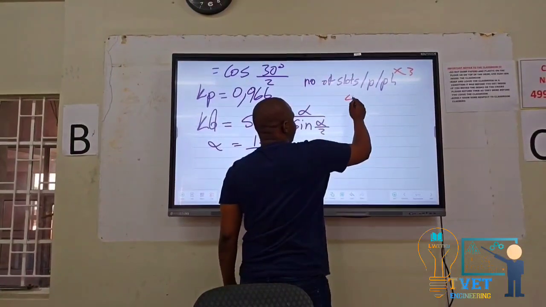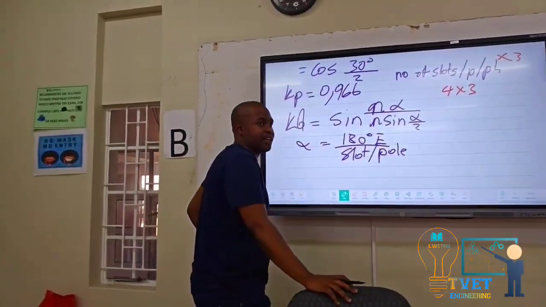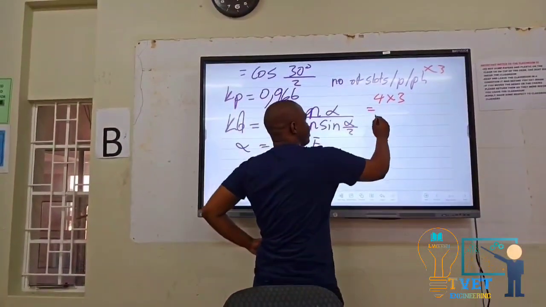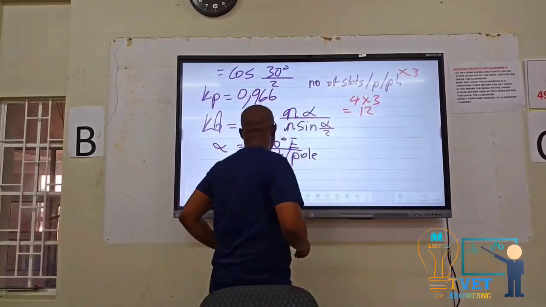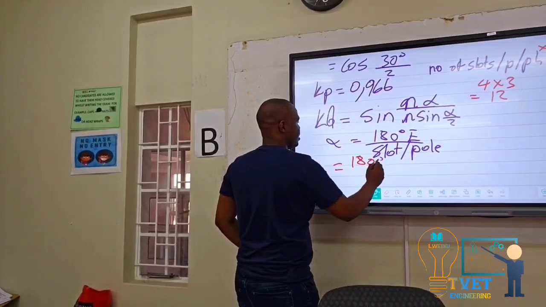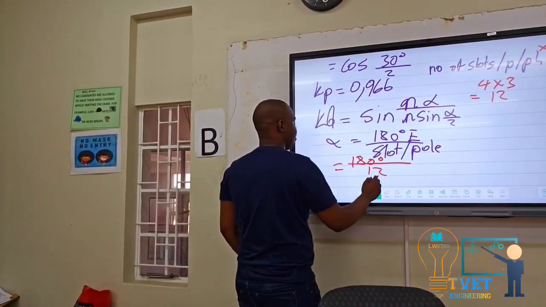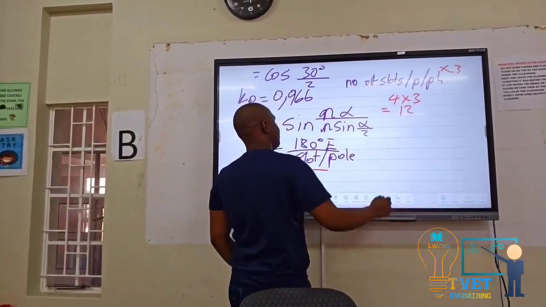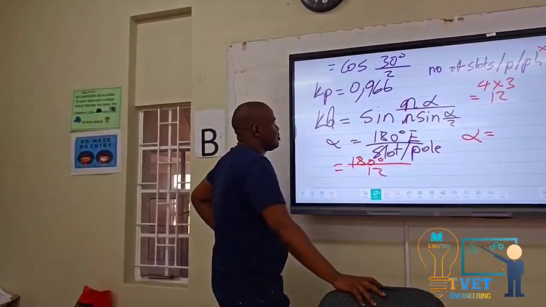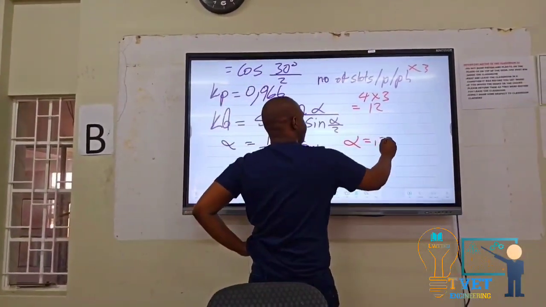So I multiply 4 by 3, which is 12. So I have 180 divided by 12. The answer is 15.